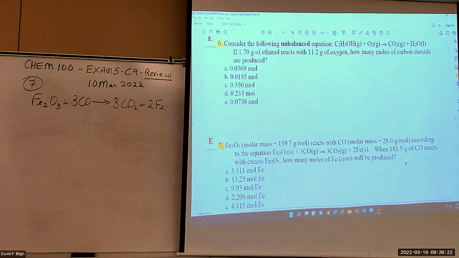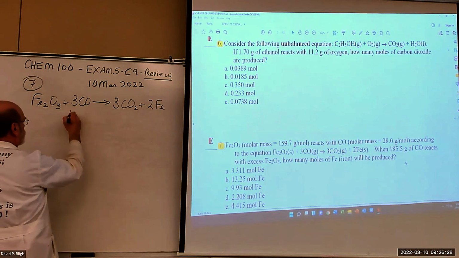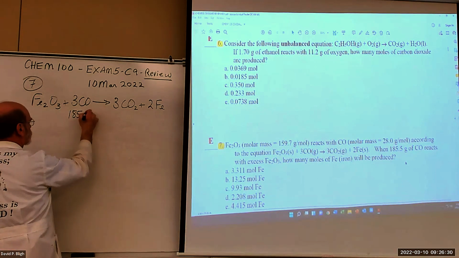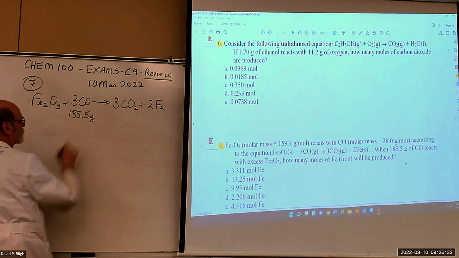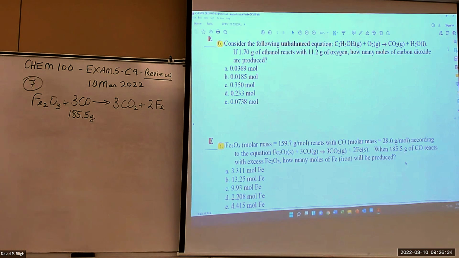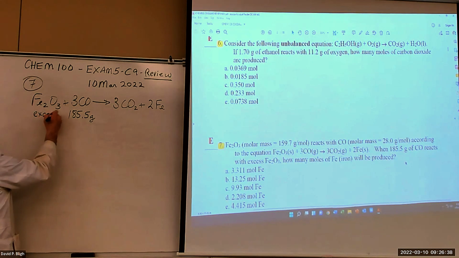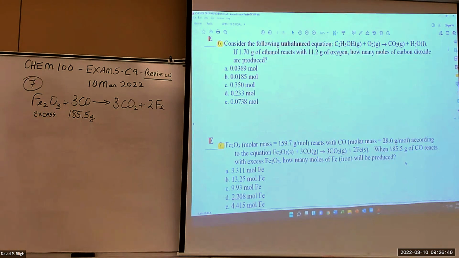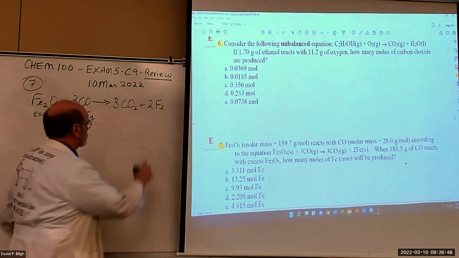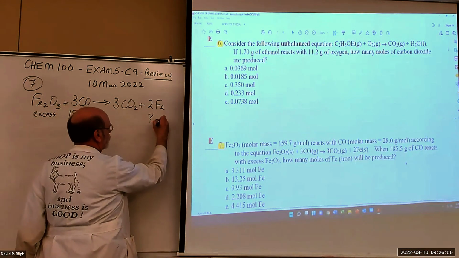Okay, if we're given 185.5 grams of carbon monoxide, and excess iron 3 oxide, how many moles of iron are produced? So the question is moles.